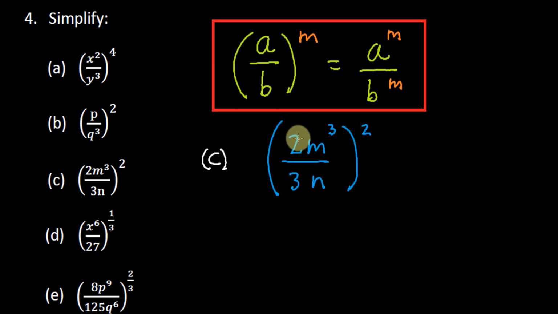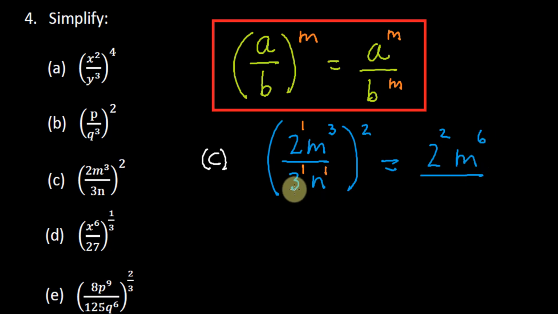important to note that the 2 here has a power of 1 that we don't write. So does a 3 over here and the n over here. Now we can apply this law of exponents, and we can apply the power outside the brackets to both the numerator and the denominator. So it's going to be 2 to the power of 1 times 2, so 2 squared, m to the power 3 times 2, so m to the power 6.